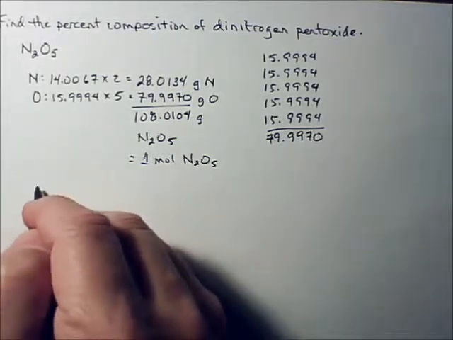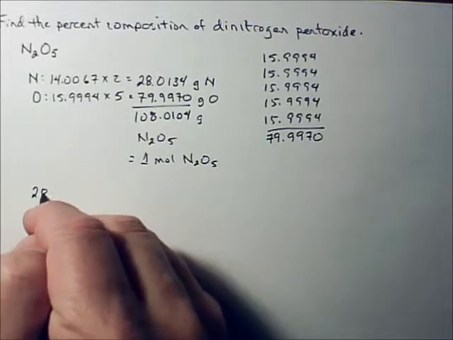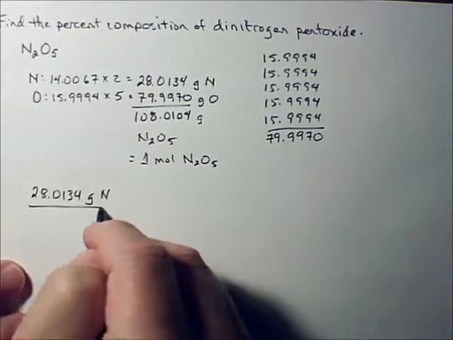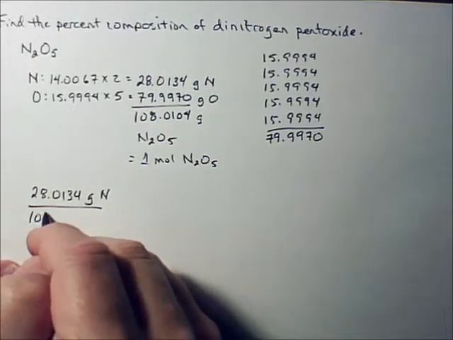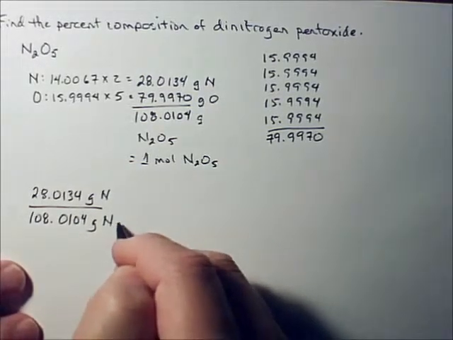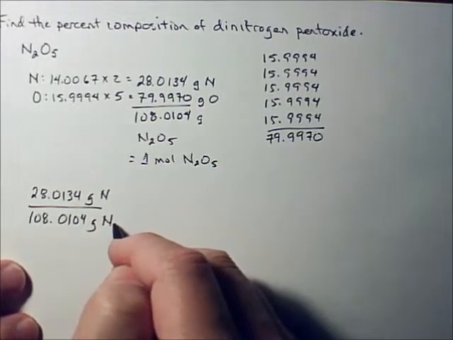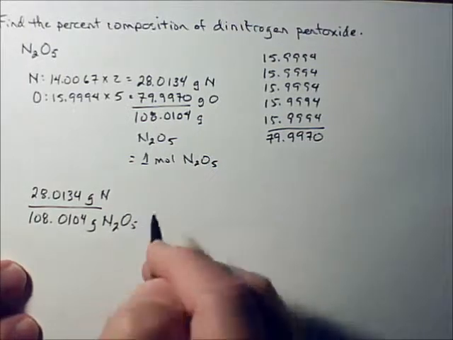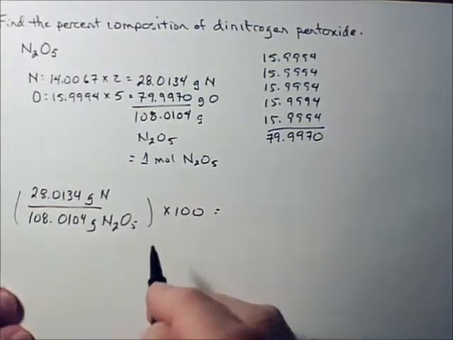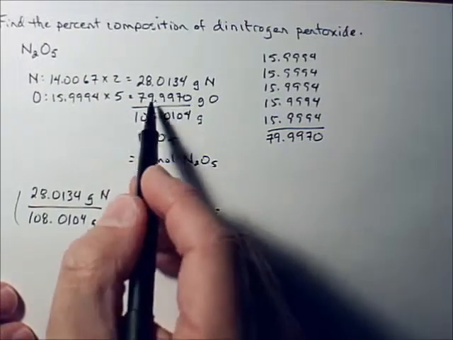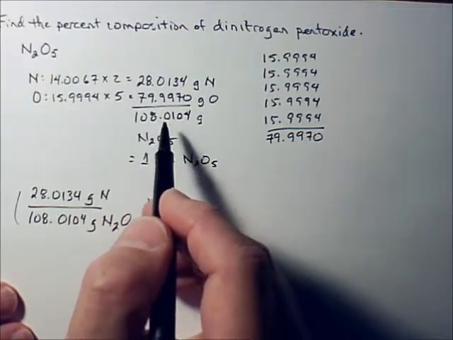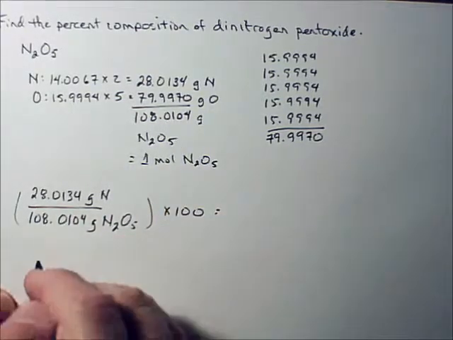So you have to do it for both elements. 28.0134 grams of nitrogen over 108.0104 grams dinitrogen pentoxide, and that's times 100. And that'll give us the first one we need. The second one is the mass of the other element here. If there were 3 elements, you do it 3 times. If there were 4 elements, you do it 4 times.